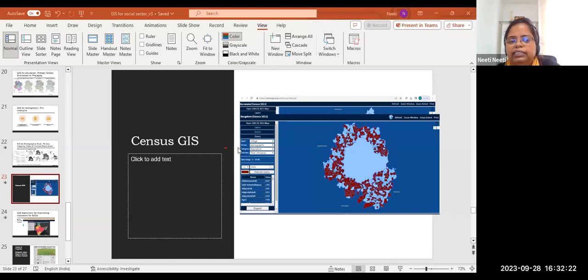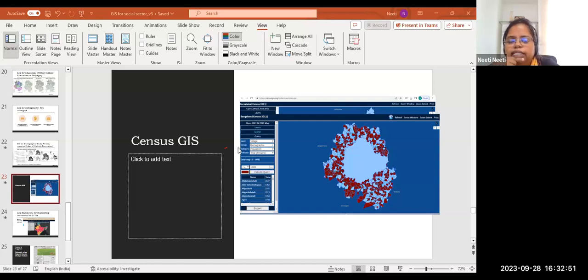You can click on any state, let's say Karnataka, and if I wanted to figure out which are the villages in Anekal which have more than 1,000 people, these are highlighted using this brown color. So basically, one can do all different kinds of queries using different census data sets, and it is available for 2001 and 2011 as of now.